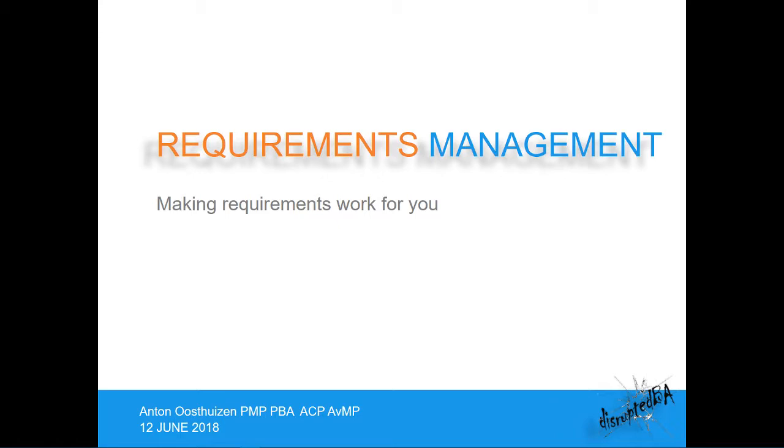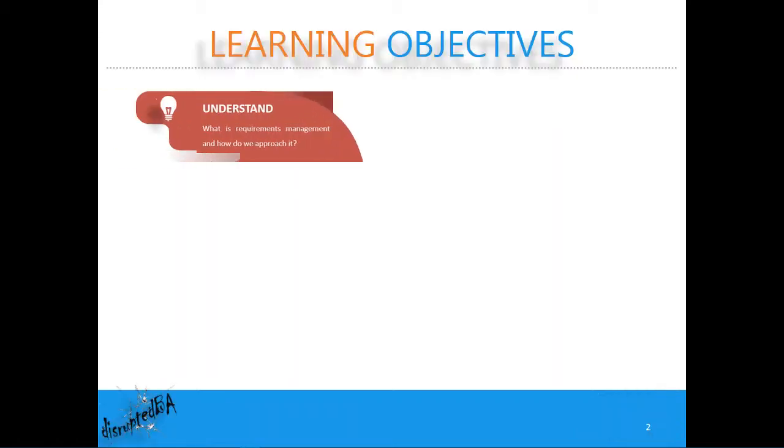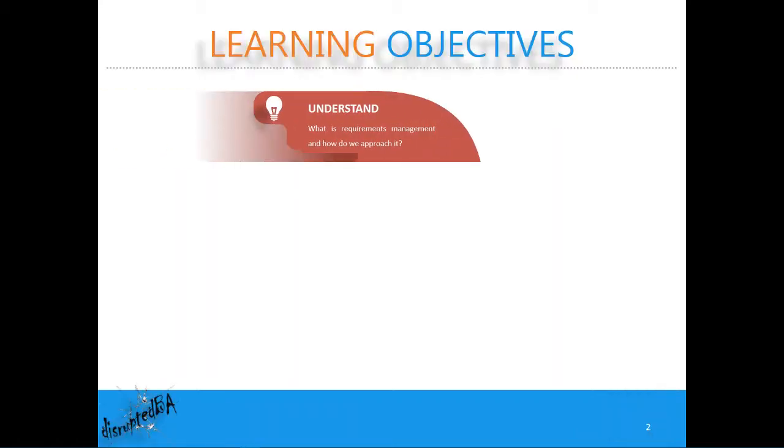So let's have a look at requirements management and how we can make the most of requirements that we will end up with during our requirements management process. So our learning objectives for today would be the following. First of all, we would look at requirements management as a discipline and how we approach it.